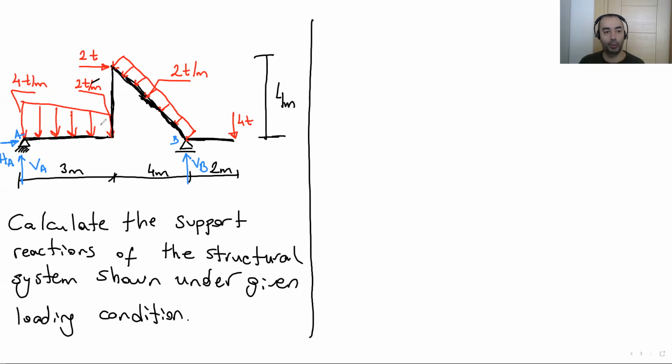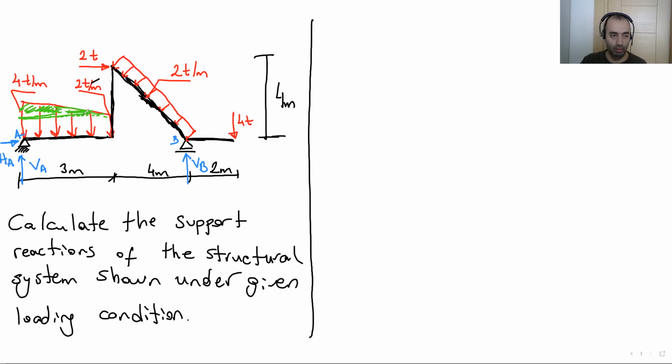And also, we have to put this concentrated load at the exact location on the system. So if we have a trapeze loading, we split it into basic shapes, like a centroid calculation. If we divide it into two pieces from here, we are going to have a triangle here and a rectangle at the bottom.